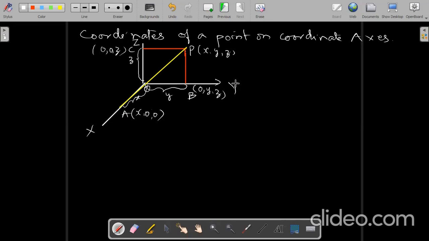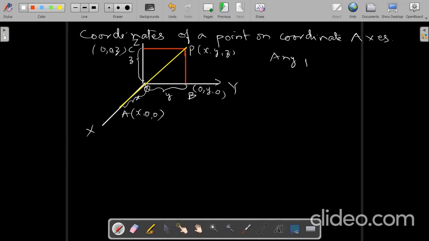That means a point on the x-axis will have 0 coordinates of y and z. Any point on the x-axis will be of the form x, 0, 0. Any point on the y-axis will be of the form 0, y, 0, and any point on the z-axis will be of the form 0, 0, z.